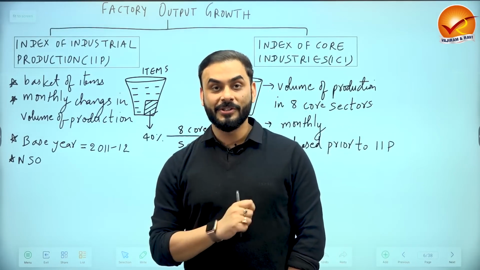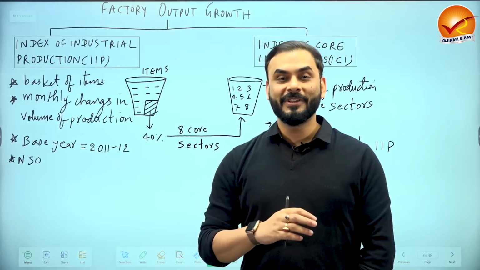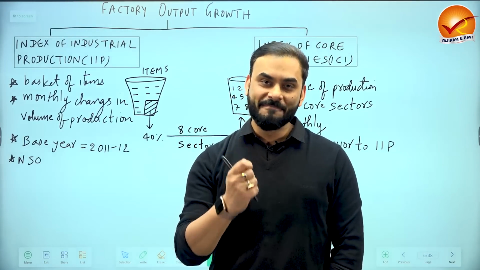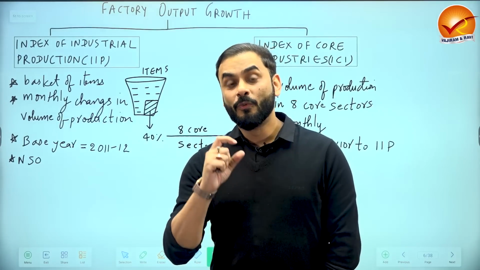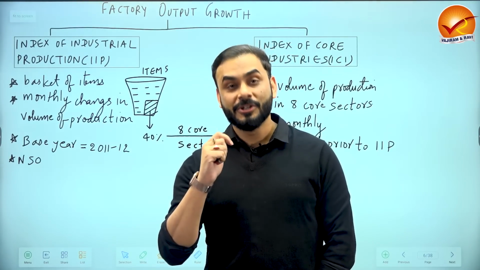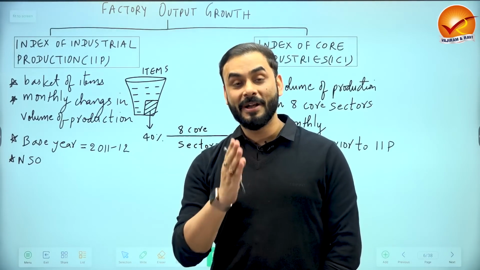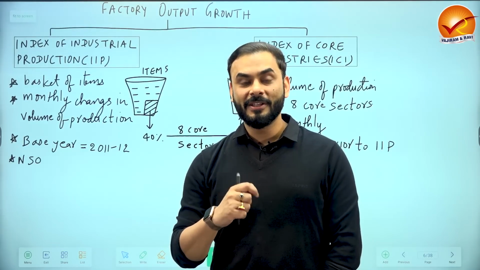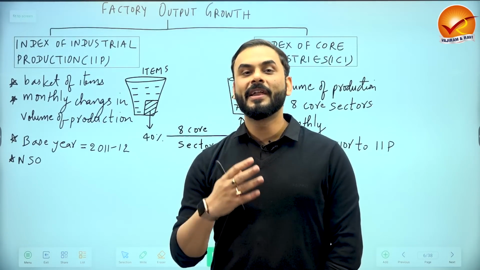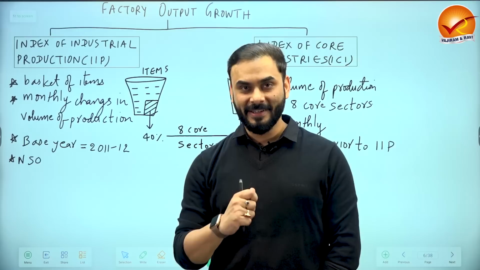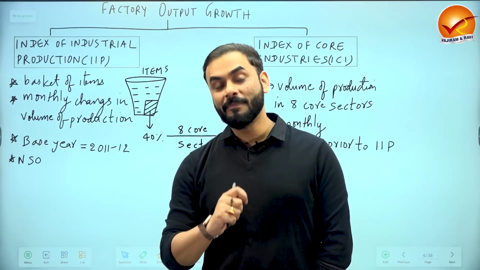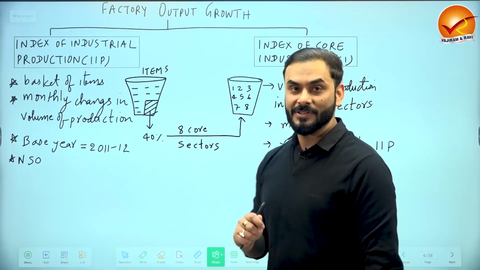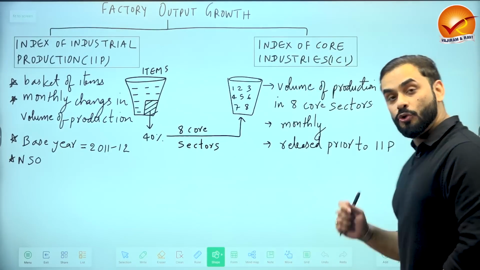If you want to judge whether the performance of industries is good or not, one of the very simple ways is to look at what was the industrial production in a particular year compared to the previous year, isn't it? So if our industries are producing the same amount of goods, that means the performance is decent, isn't it? So how to measure the production level in the industries? So see, we have two ways to do it.